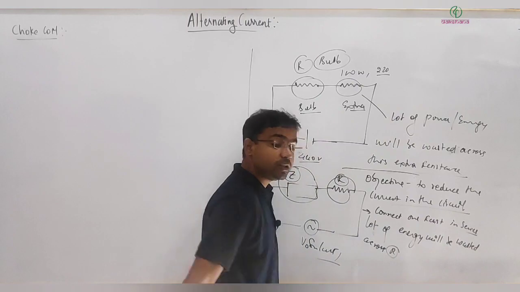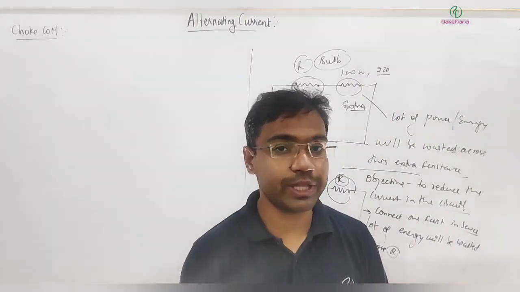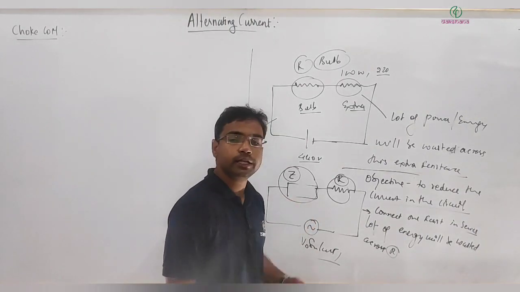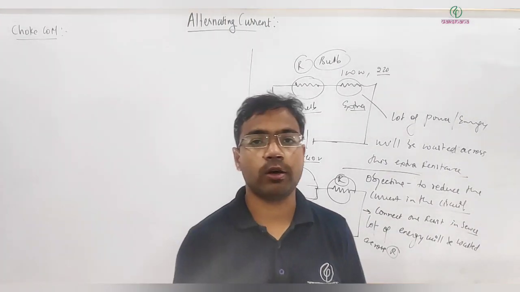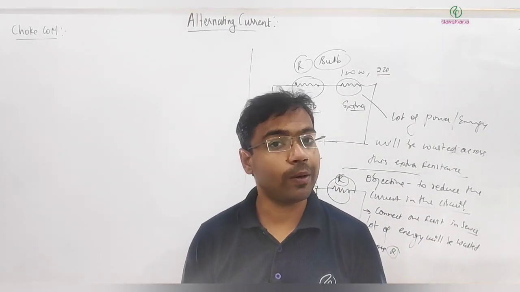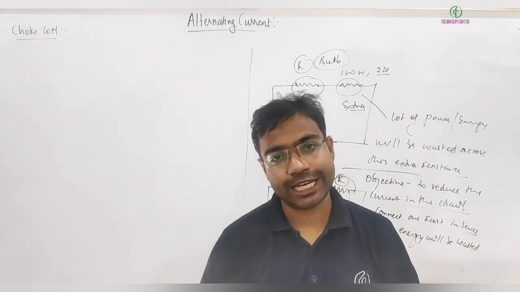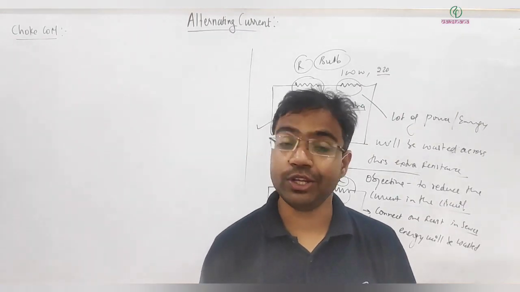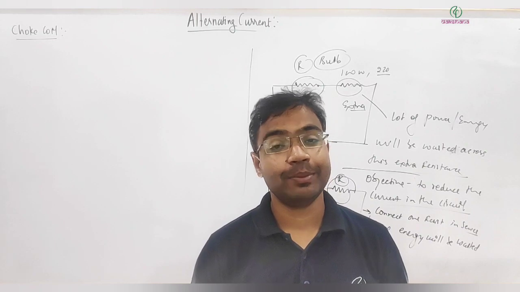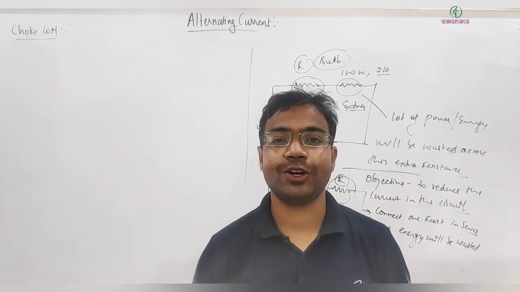Then what can be the better solution, so that we get the required voltage across this and the required current in the circuit and still there is no power loss? And that amazing device is called a choke coil. How? A choke coil is basically an inductor, and you must know that in an inductor there is no power loss, but yes, it has some impedance or reactance.